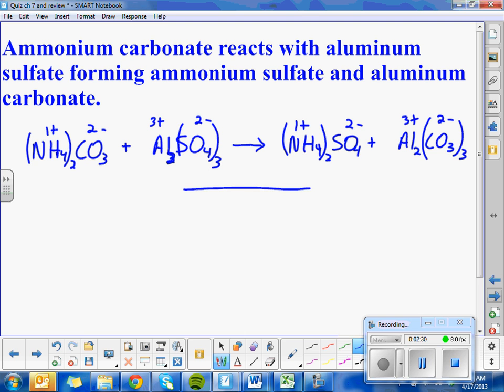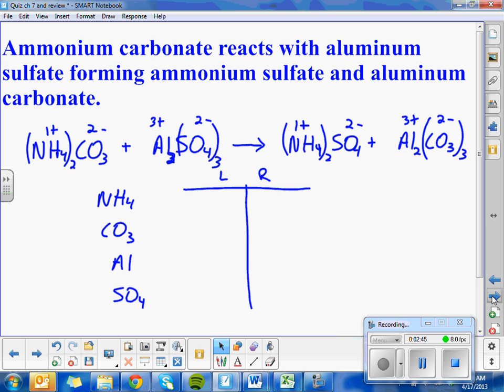Now we set up our T-chart, left side, right side. We do have NH4 on both sides, we can leave that together. We have carbonate on both sides, we have aluminum, and we have sulfate on both sides. Make sure that you put SO4, NH4, CO3, not just like NH.